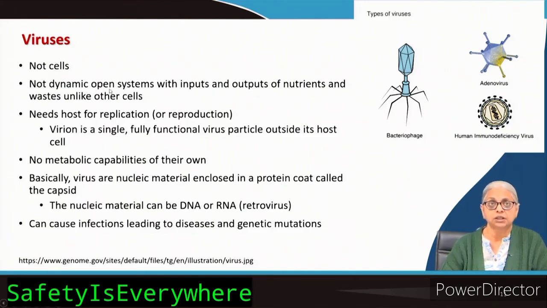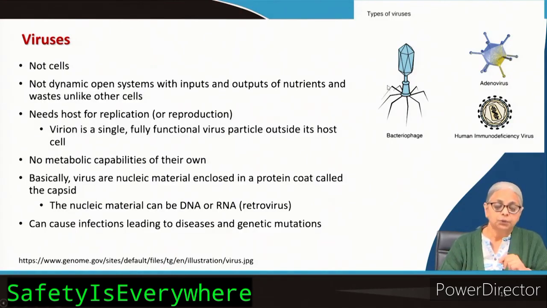They are neither dynamic nor open, because while they are outside the host, they are enclosed in a coat or a capsid. So this capsid or coat is static. It does not allow the virus, what is inside that coat. In general, it's a DNA molecule, but in some cases, like the coronavirus or the HIV virus, you can have an RNA rather than a DNA.